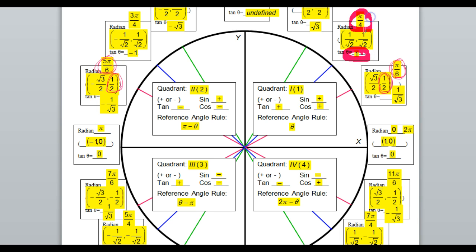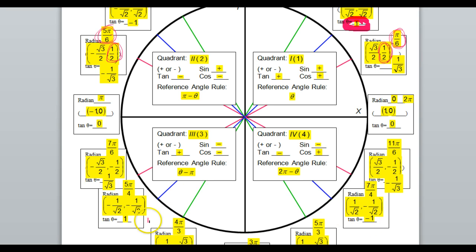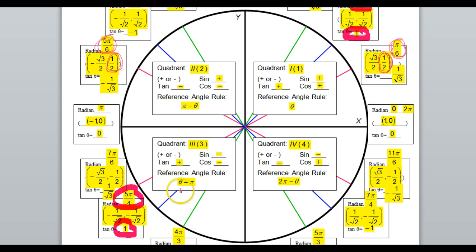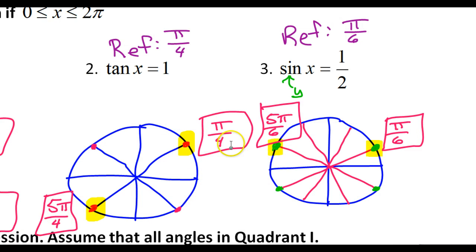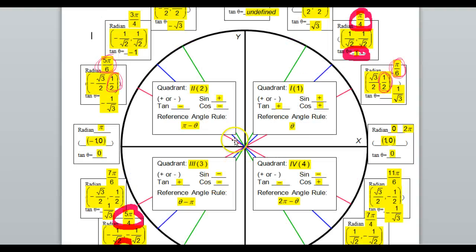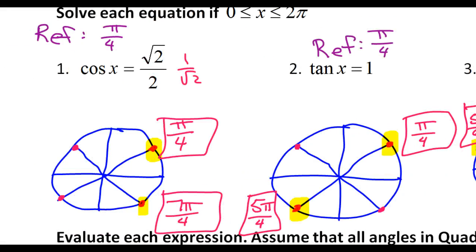So that's pi over 4 right there. Okay, what else? That's negative 1. Oh, look, there it is. There's another one. That's 5 pi over 4. So 5 pi over 4 and pi over 4. Okay, see how if we're given a completed unit circle, we can get those answers in like 10 seconds. So who knows, maybe you'll get lucky.